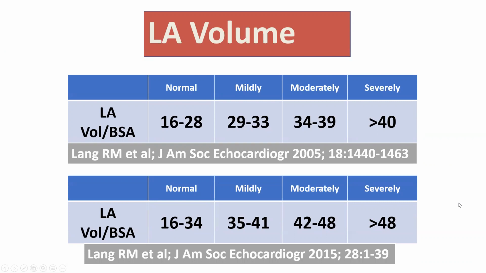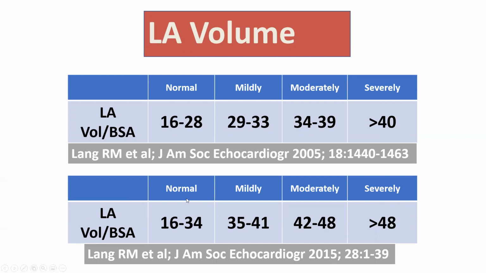So going into the examination, I would have this number memorized. Anything north of 34 cc's per meter squared is considered left atrial dilation. And this is true for both men and women. And as you'll see in Dr. Sengupta's diastolic talk, left atrial enlargement is considered one of the key criteria for diagnosing diastolic dysfunction.